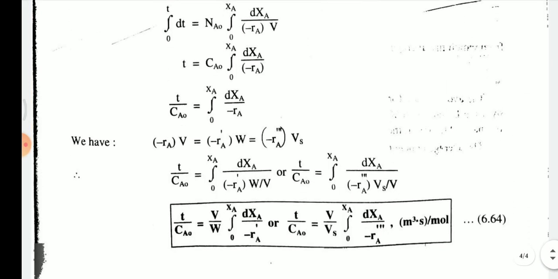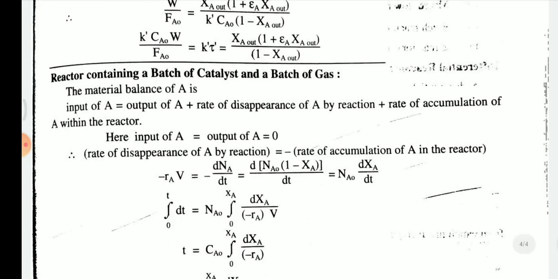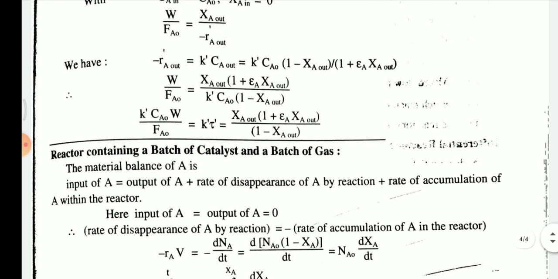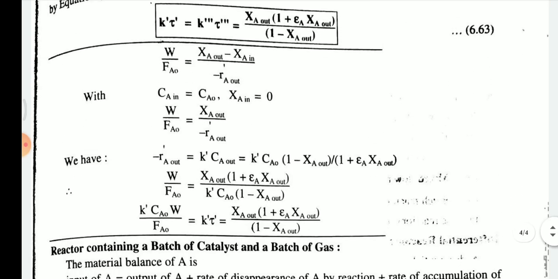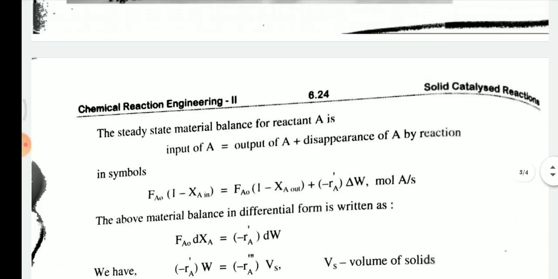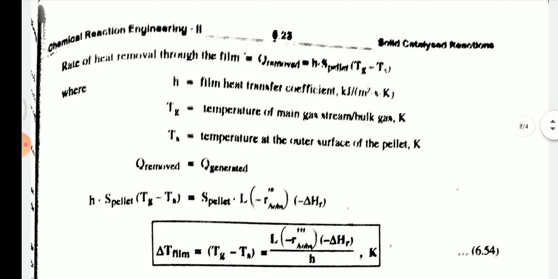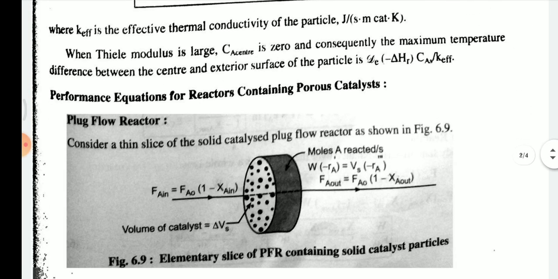Now the other data given below is a reactor containing a batch of catalyst and a batch of gas. The reactor containing a batch of catalyst and batch of gas should be in the form of gas. So in today's session we are discussing the performance equations of PFR.